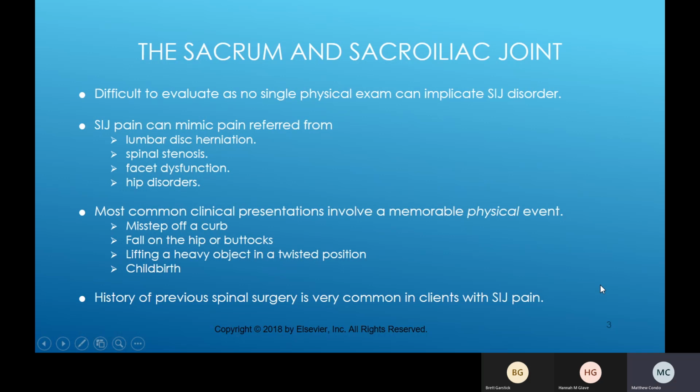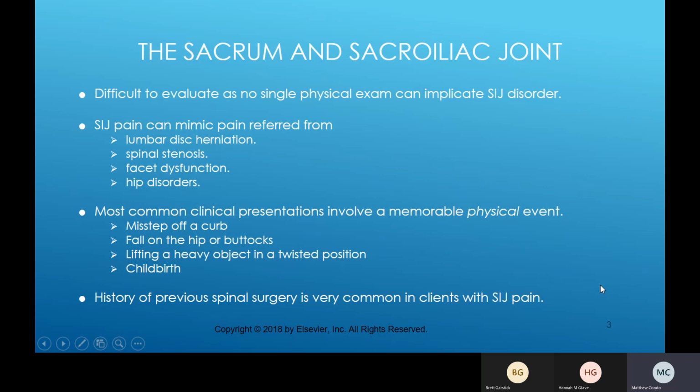Let's think about this. My patient comes in, they have hip OA, they have an altered gait pattern. There's a very good likelihood that they're going to have quadratus lumborum overactivity or something else that's going to present as SI pain, even though the underlying condition is really hip OA or an altered gait pattern. So this is kind of where you need to play a little bit of a detective role.